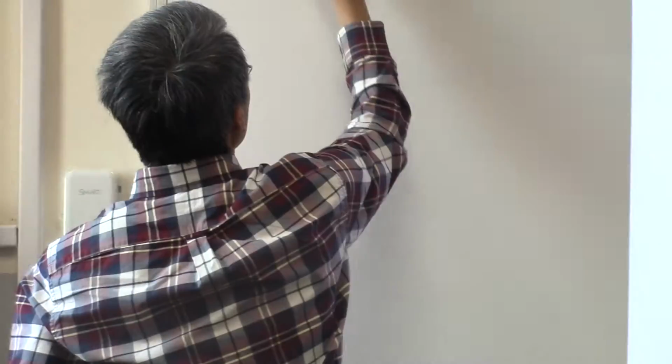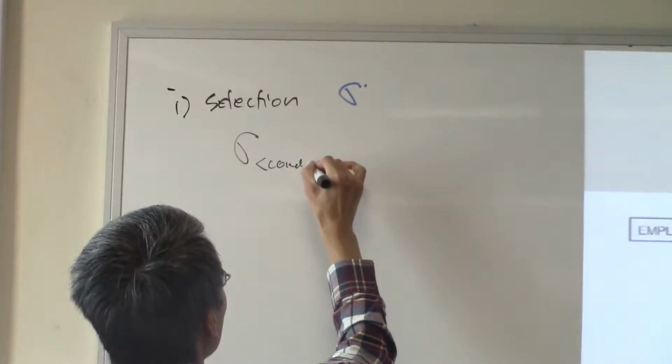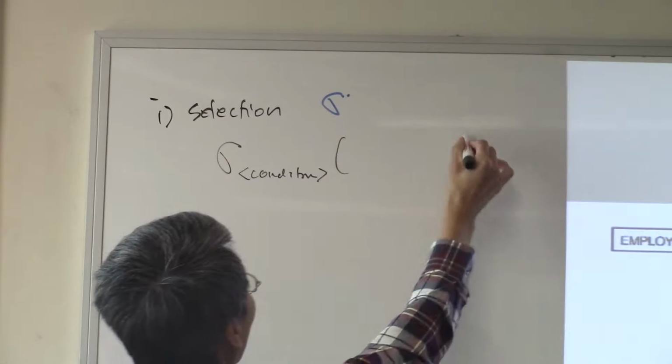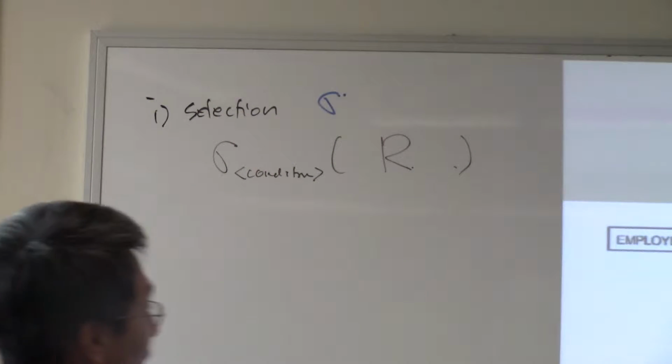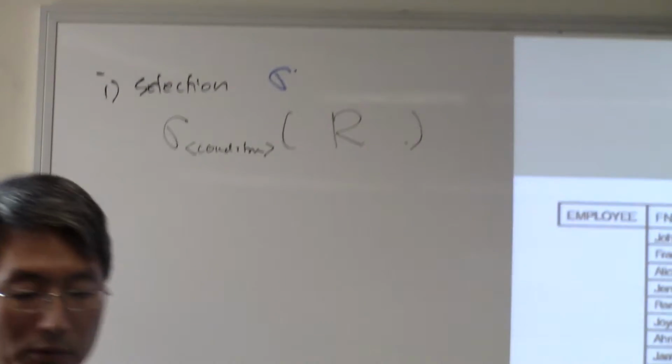For example, sigma with a condition, and we have the relation over here. Then we can specify the specific condition on the tuples.